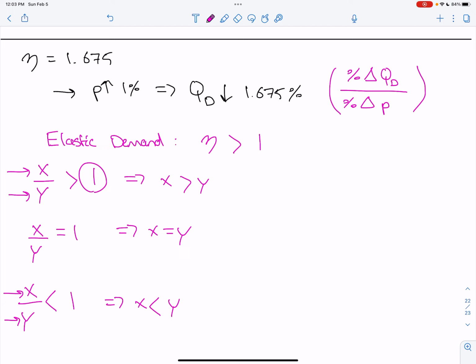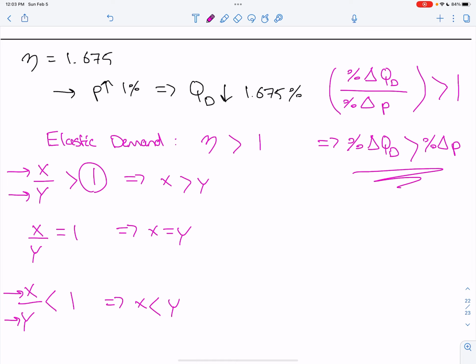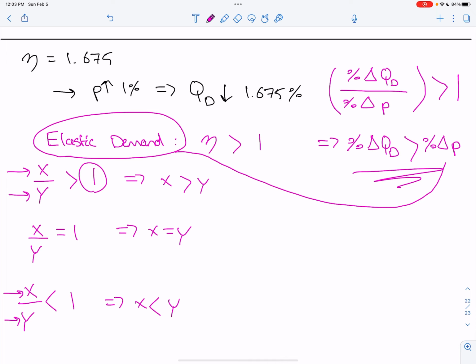That implies that our percentage change in quantity demanded is greater than our percentage change in price. And this is the economic meaning that I was getting at. When we have elastic demand, every time our price changes by 1%, our quantity demanded will decrease by more than 1%. So elastic demand means that quantity demanded is very sensitive to a change in price.